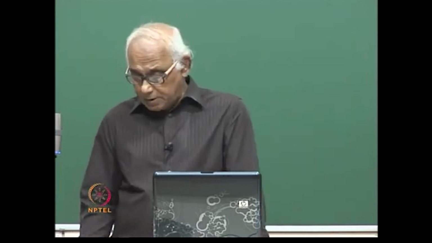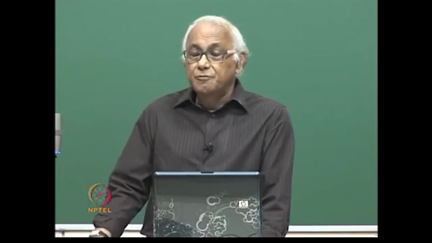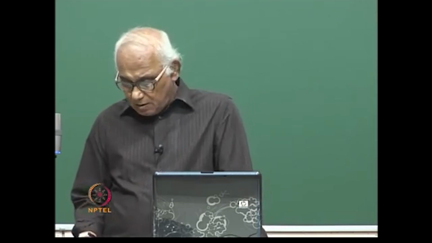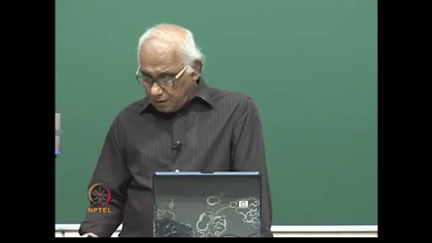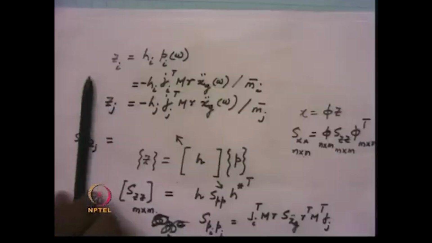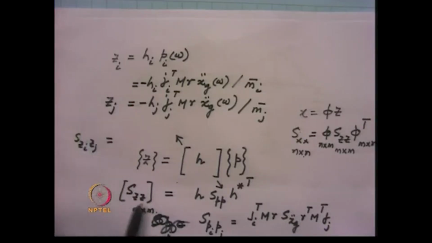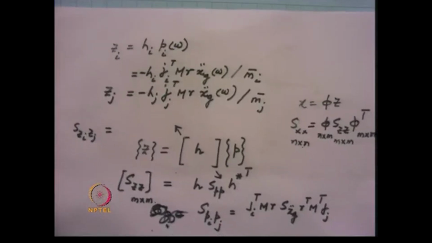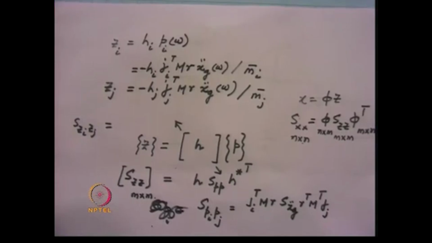Generally, rather than obtaining the power spectral density function of a single z, that is for a particular mode, we wish to find the entire matrix S_zz, the power spectral density function matrix of all the z's, whose size will be m by m, where m is the number of modes considered.